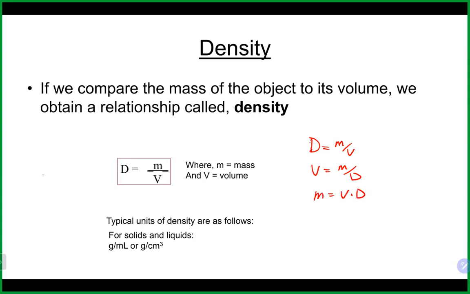Once again, a DMV triangle. People sometimes remember a way to rearrange that quickly. So you do need to be able to rearrange this equation and calculate any of those things, mass, density, or volume, which is very commonly done.